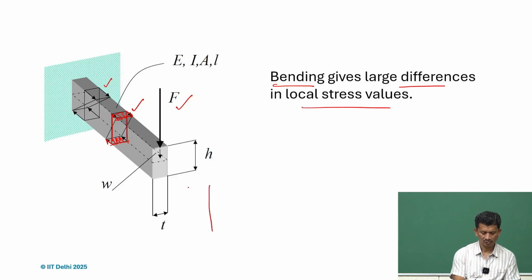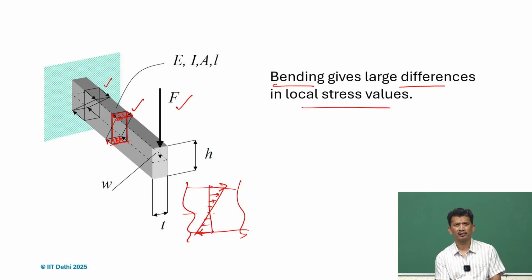So, we will see a large variation. It is 0 along the neutral axis, and then again in the negative direction, there is a compressive load at the bottom layer. So, it is a maximum at the top and bottom layer, but in between the stresses are really small.